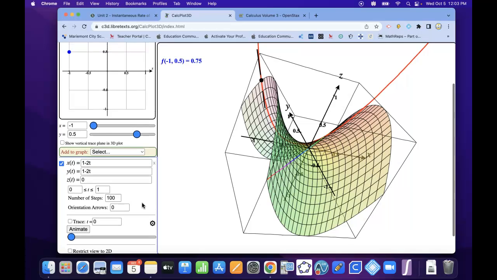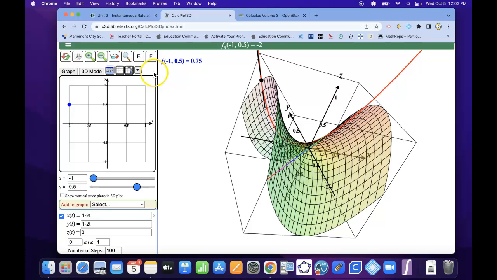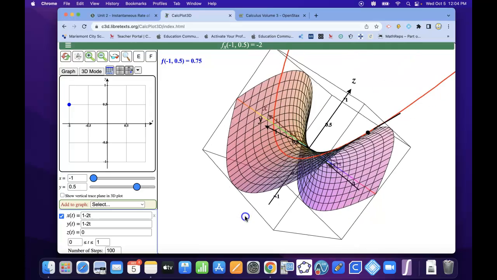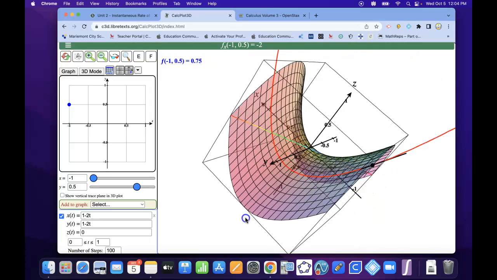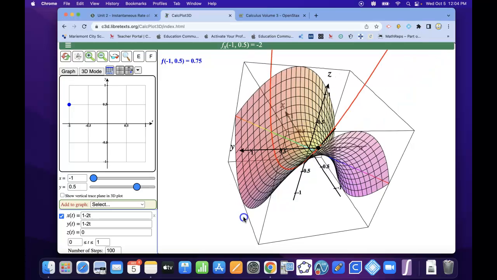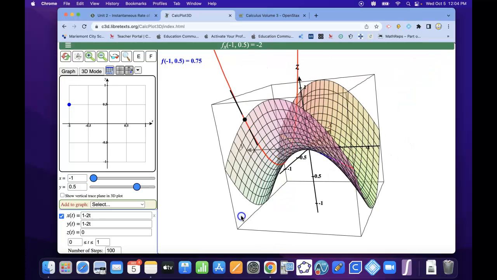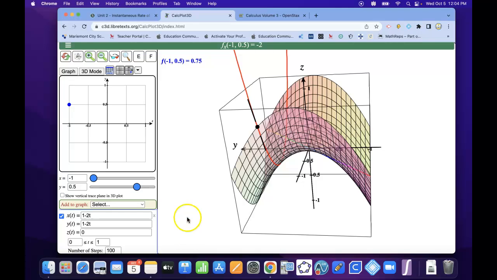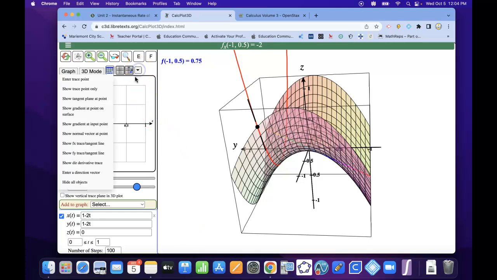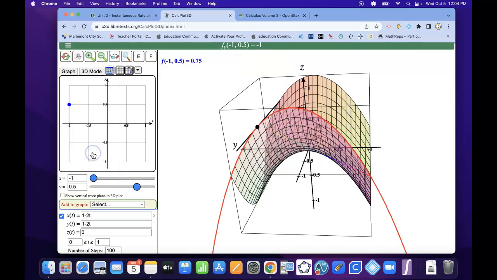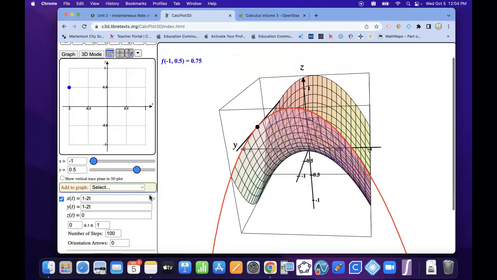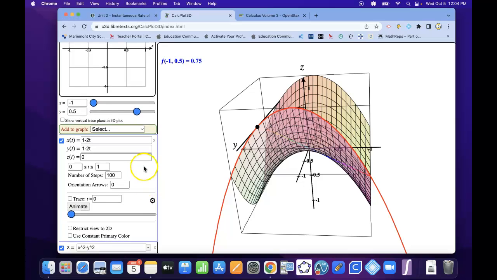I don't see a way to capture the value of that slope in the x direction on that line. So that's what you can do in GeoGebra. I can do that because it describes a function for me. Same thing if I do the partial derivative with y. Again, I don't see anywhere on the graph where it's displaying to me the value of the derivative. So I may go back to GeoGebra and solve this problem there.